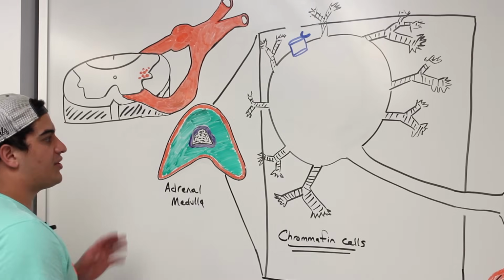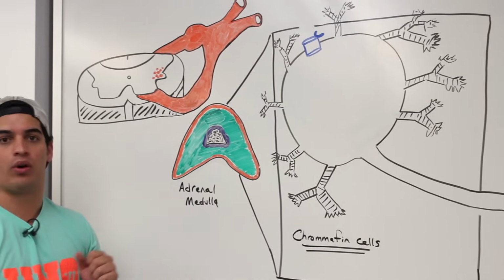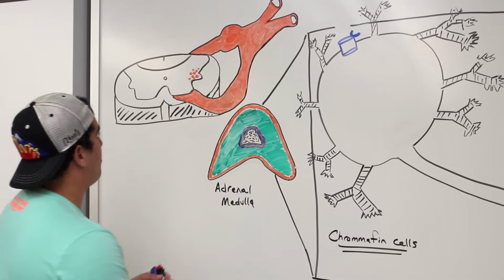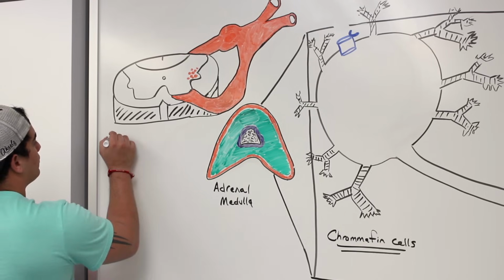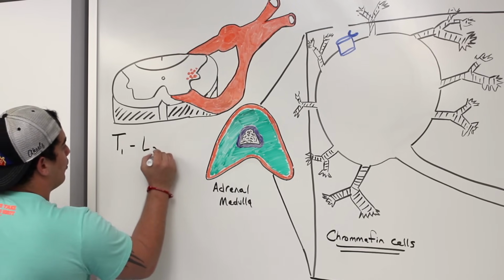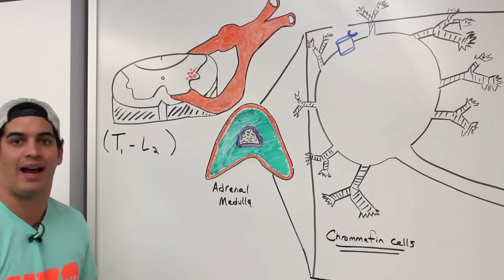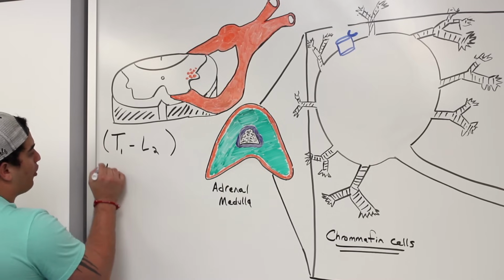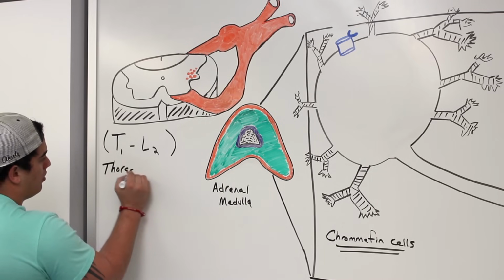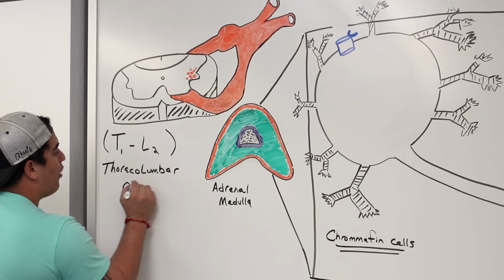In order for us to do this, we have to start here in the cross-section of the spinal cord. In the cross-section of the spinal cord, from thoracic 1 to L2 is your sympathetic portion of the spinal cord. From T1 to L2, they call this the thoracolumbar outflow.